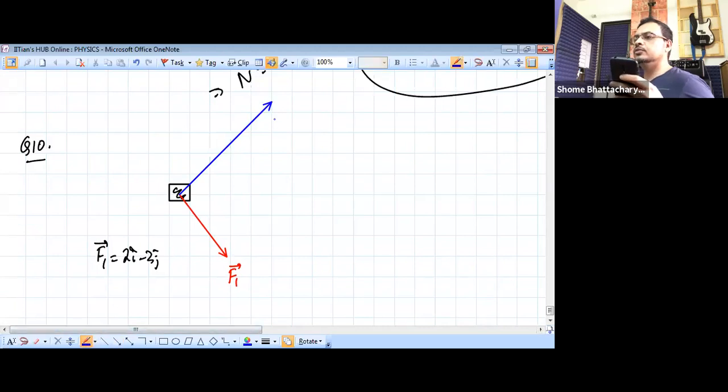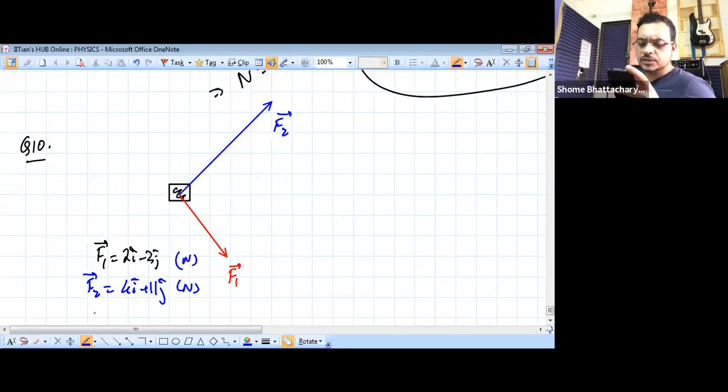This is the second force F2, which is given to us in equation form as 4i cap plus 11j cap, in newtons. This is also newtons, this is also newtons. And the mass of the body is given to us as m kg. Oh, sorry, 4 kgs. And the object is at rest at t equal to 0. So mass is equal to 4 kg, and initial velocity is 0 at t equal to 0.